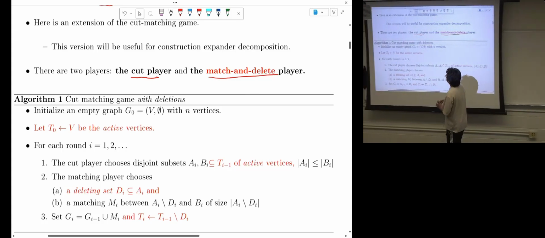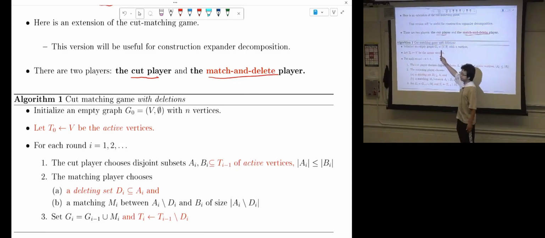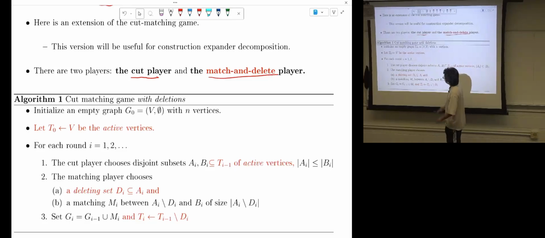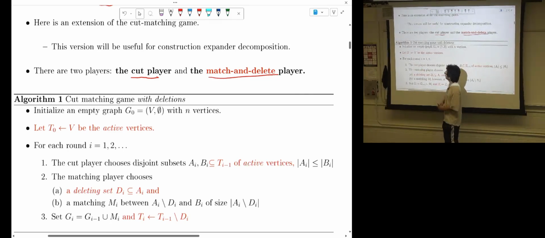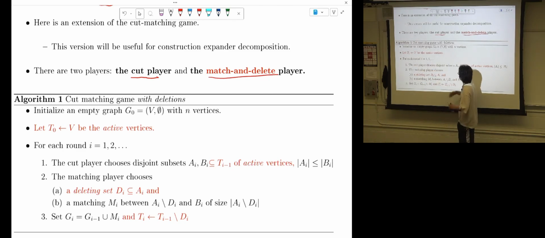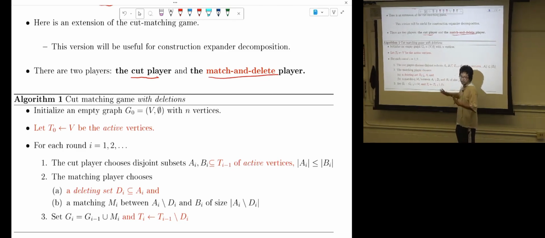You start with an empty graph, and now there is going to be some set that we call the active set, the vertices that are not deleted yet. You start with the active set being every vertex.